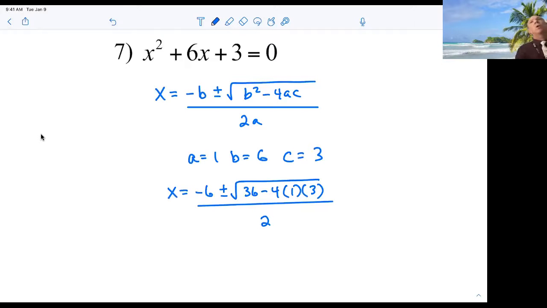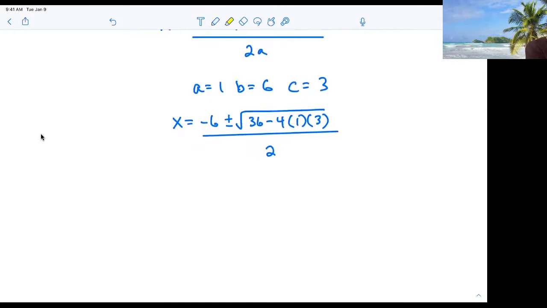Because A is what number? A is 1. All right, here we go. Now, in your head, what's 4 times 1 times 3? 36 minus 12. So here we go. X equals -6 plus or minus square root 24 over 2.